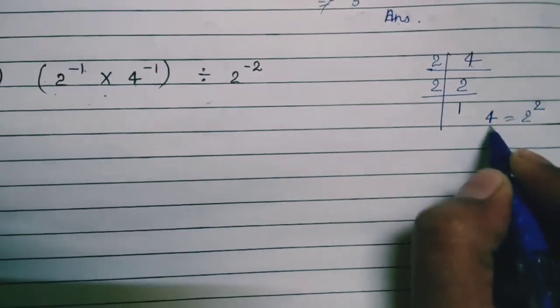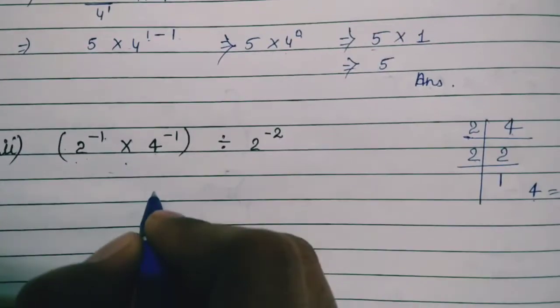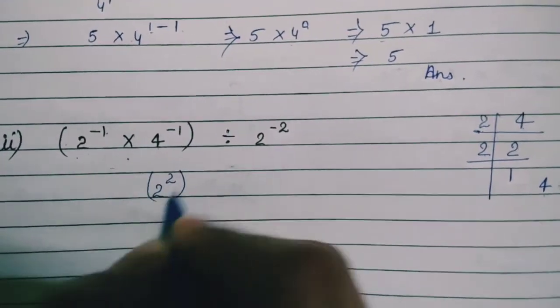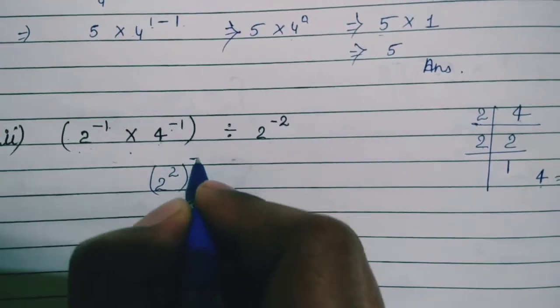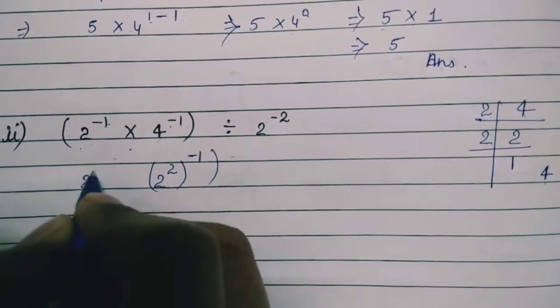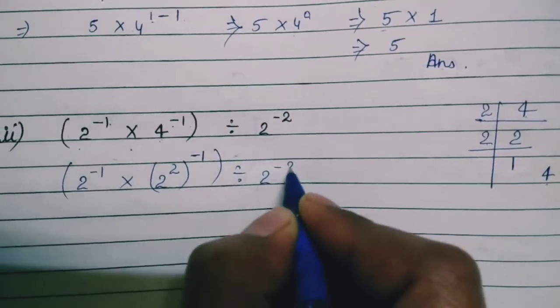On the place of 4 what can we write? 2 raised to the power 2. So on the place of 4 we are writing 2 raised to the power 2, and already 4 is having the exponent of minus 1, so minus 1 will come here. Okay, so 2 raised to the power minus 1, and the remaining one is as it is.